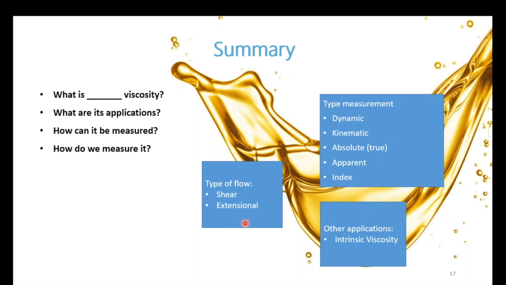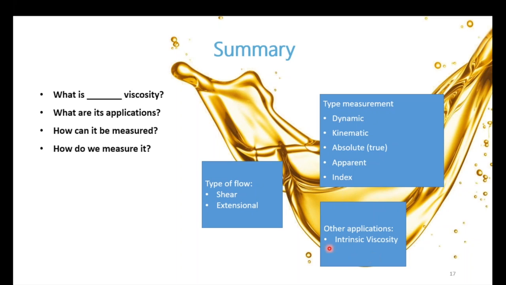All right, so with that, I would like to summarize. We have covered a few of the most common types of viscosity. Depending on the type of flow, we have covered shear and extensional viscosity. Depending on the type of measurement, we have covered dynamic, kinematic, absolute, apparent, and index viscosity.